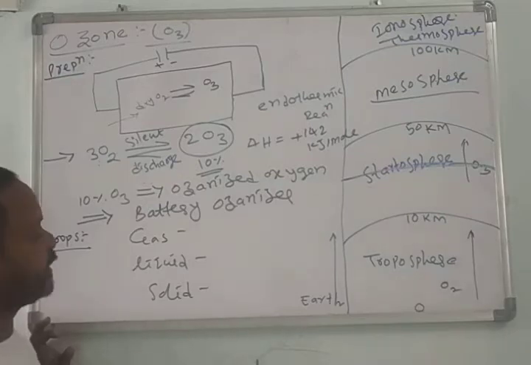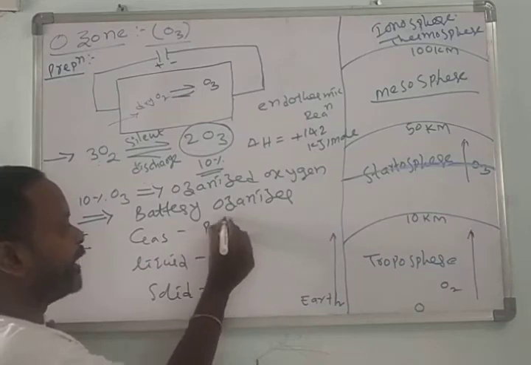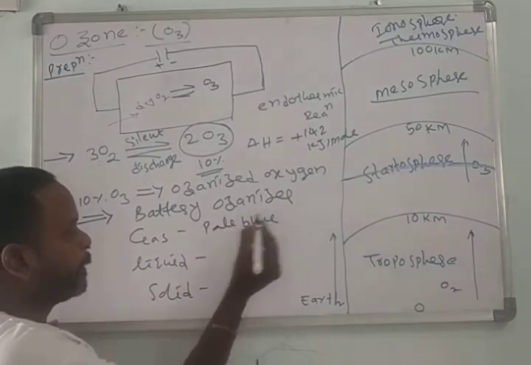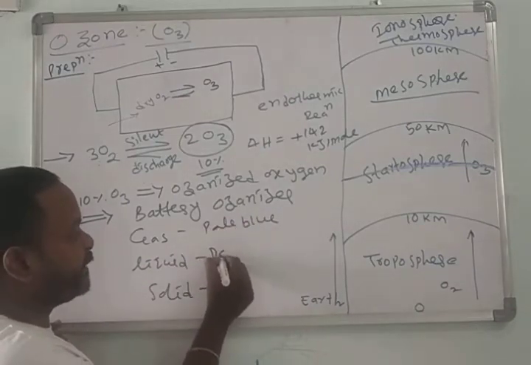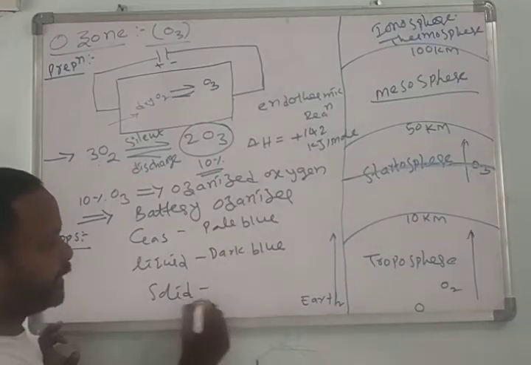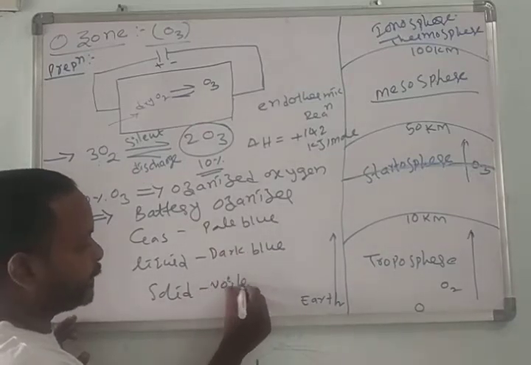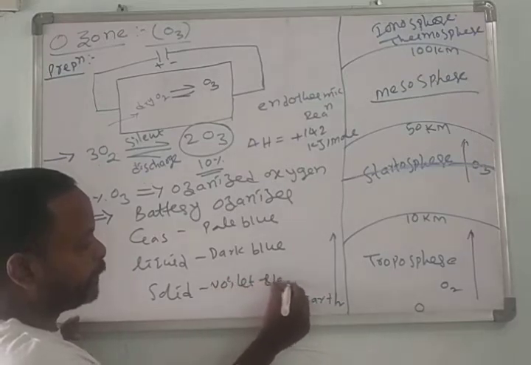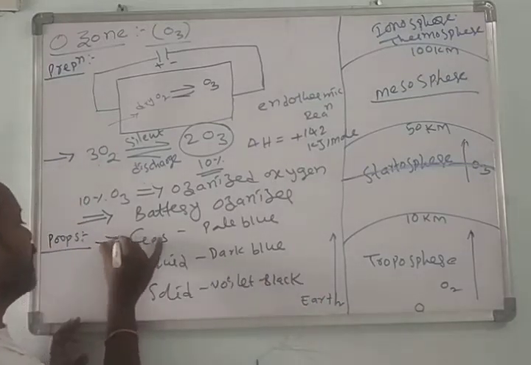In the gaseous state it is a pale blue color, in the liquid state a dark blue color, and in the solid state a violet black color.